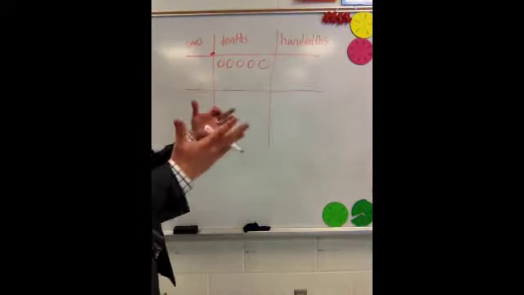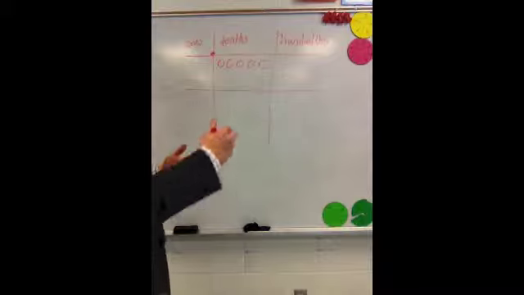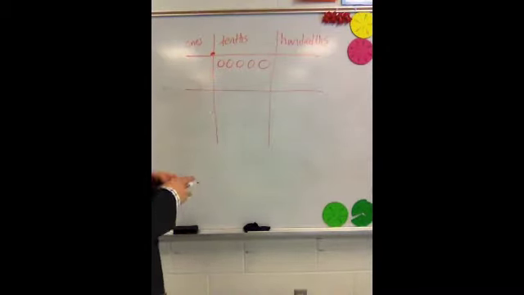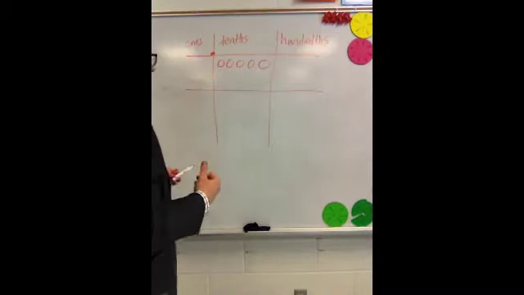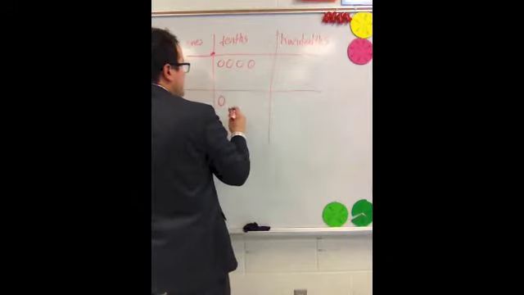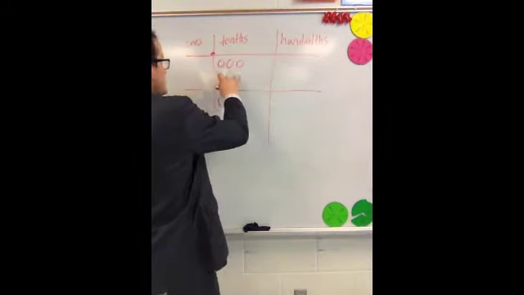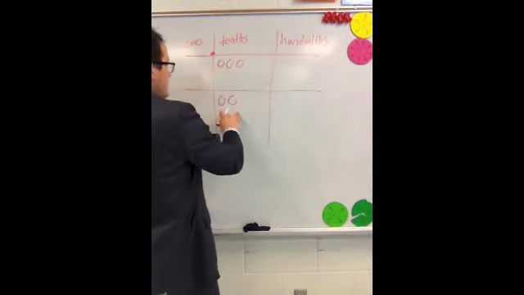I have a whiteboard, so I can erase it, but if you have a piece of paper, you can just draw an X or draw arrows and just show that you're actually sharing it. What I mean by that is I'm going to erase this 1 tenth and share it over here. And I know that I can do another one, and I'm going to share it over here. So now I've shared 2 tenths to each one of these groups.